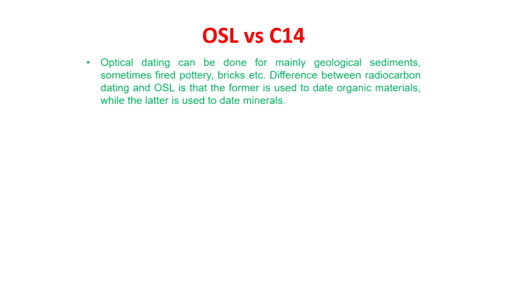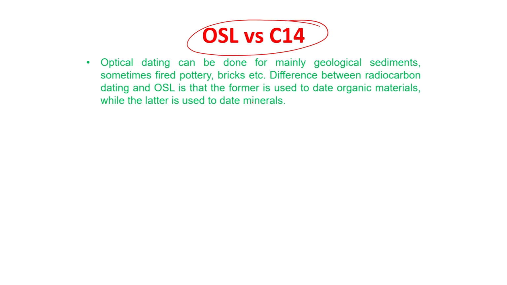Now, this is important, which I initially mentioned, that optical dating is better than the C14 ages. The optical dating can be done mainly for geological sediments, sometimes fired potteries, bricks, etc. The difference between radiocarbon dating and OSL dating is that the former is used to date organic material, okay, while the latter is used to date minerals.